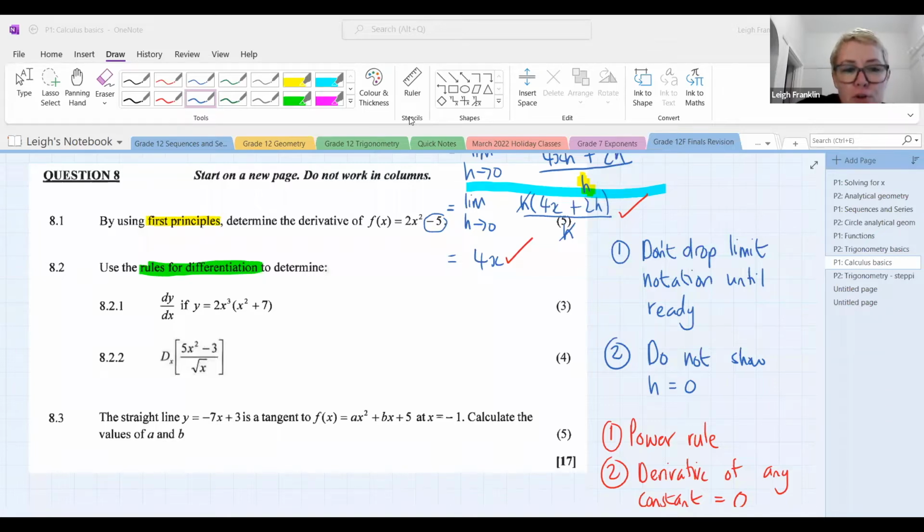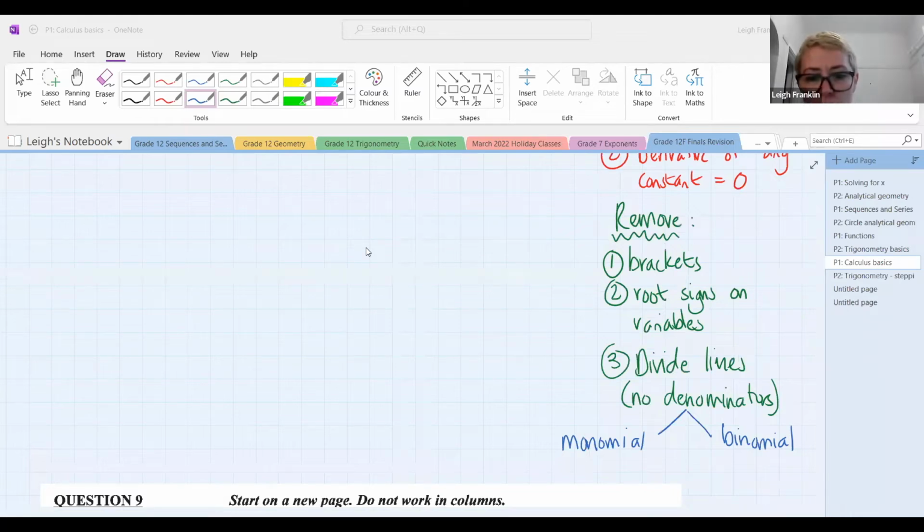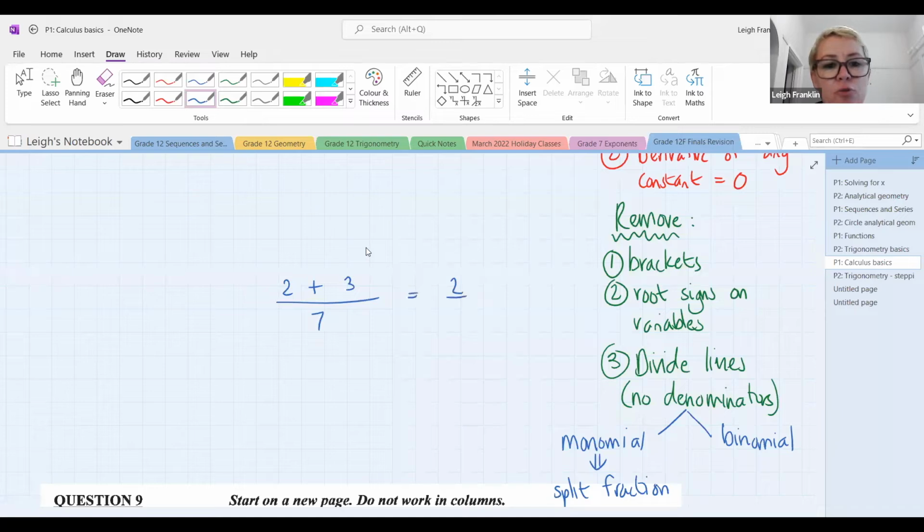What I'm trying to get at here is when you have a monomial denominator, you have to split your fraction. In other words, if you have 2 plus 3 over 7, you are expected to write it as 2 over 7 plus 3 over 7.